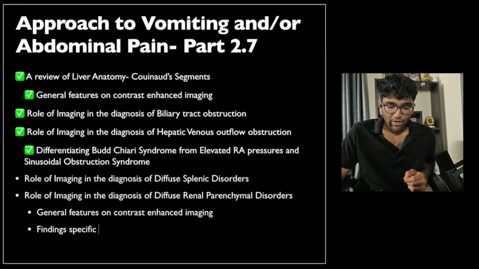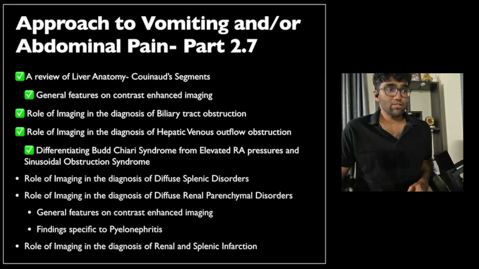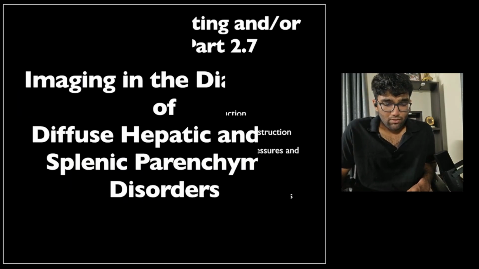We'll talk about findings that are specific to pyelonephritis, and then we'll talk about the role of imaging in the diagnosis of renal and splenic infarction. Again, we discussed acute pyelonephritis as its own entity, and therefore it requires a detailed discussion of its imaging as well. So jumping right into it.